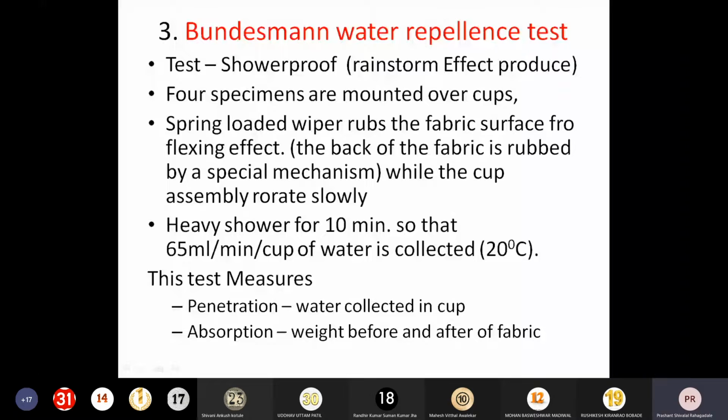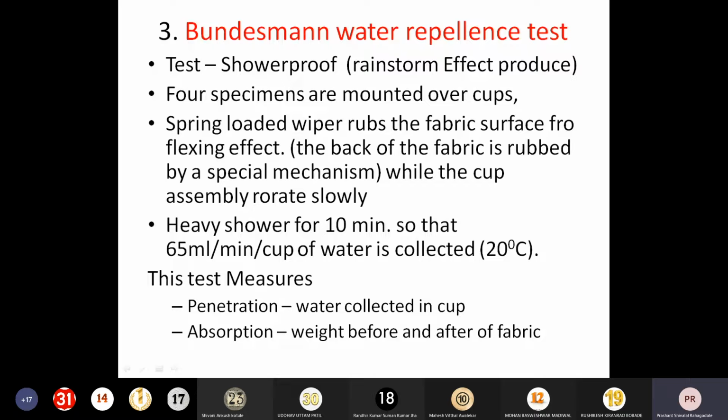Through those holes a rain-like situation will be created, because water will drop from overhead, from the roof of your laboratory, which is at a certain height.